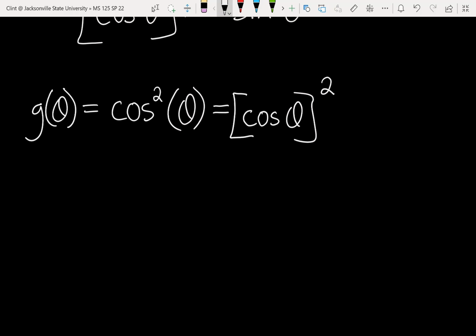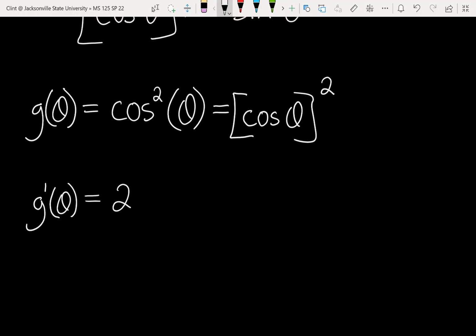I've always struggled trying to think my way through chain rule when it's written like this, because it's confusing thinking about what's inside, what's outside. So for that one, not that bad if you remember to rewrite it.